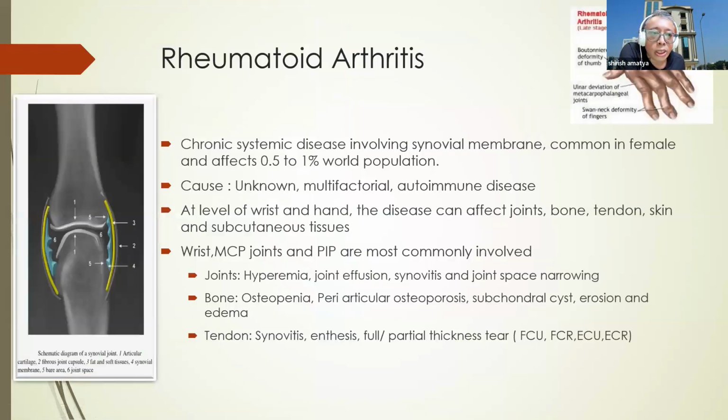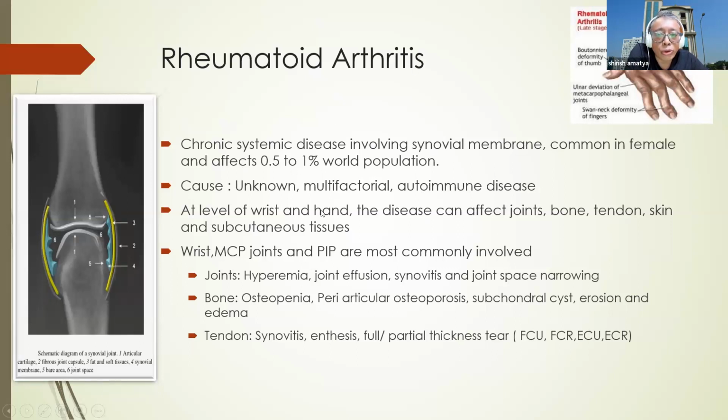So coming to another most common problem that we encounter in everyday practice, that is rheumatoid arthritis. As we all know, rheumatoid arthritis is a chronic systemic inflammatory disease involving the synovial membrane of the joints, and it is very common in females, and normally 0.5 to 1% of the world population is affected with rheumatoid arthritis.